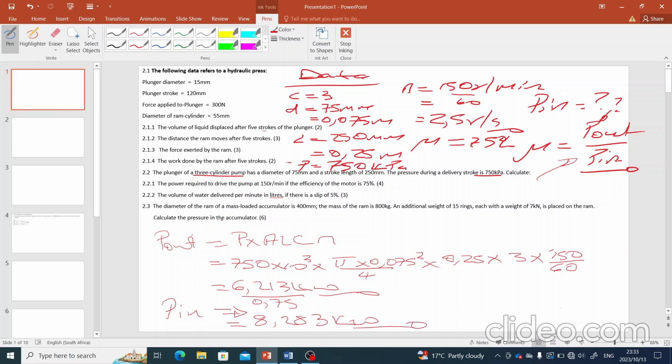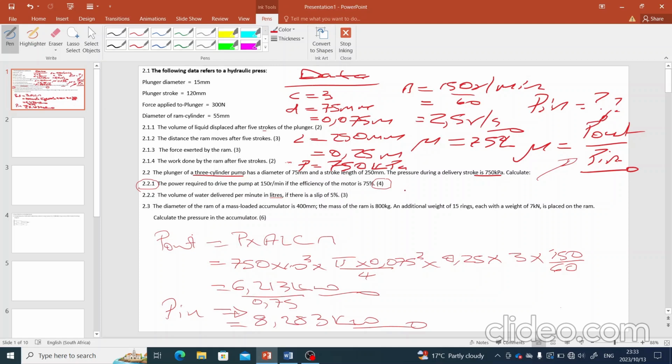This is how you tackle question 2.2.1. This is what you were supposed to have done for how many marks? 4 marks, good people. Applying the relevant formula, applying the given principles in calculating that. This is what you were supposed to have done.